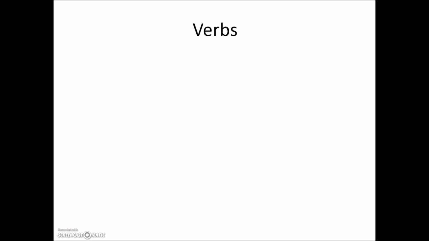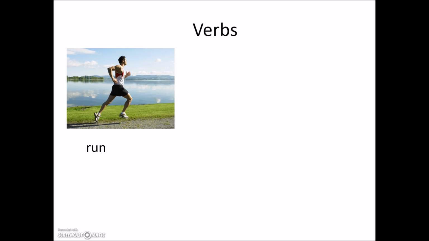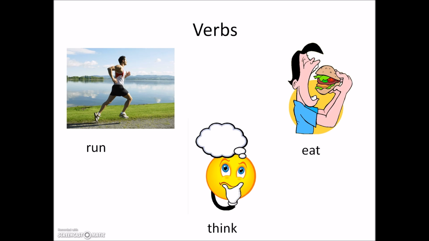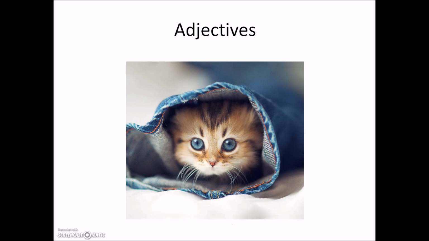Verbs are actions, such as run, eat, or think. Anything that you do. An adjective describes a noun. Here we have a kitten. It's a cute kitten. He has blue eyes, a small nose, and soft fur.